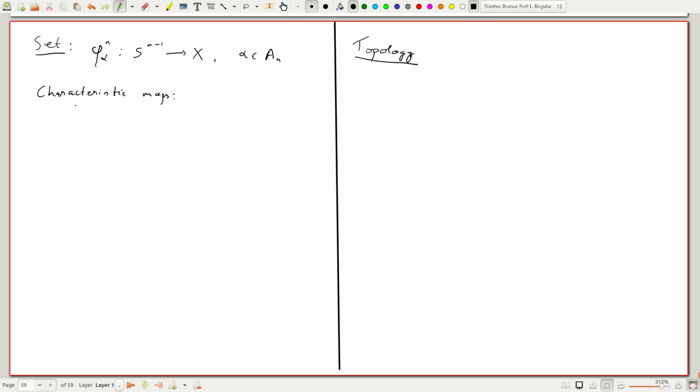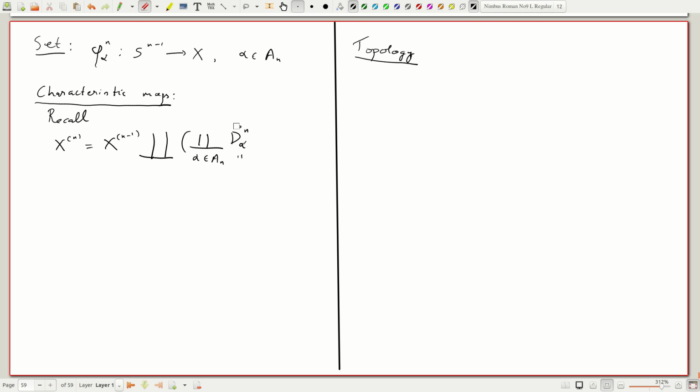Recall that we have the set X_n, which is X_(n-1) disjoint union with a bunch of cells. Namely, I look at alpha in A_n, I look at D^n. I can put an alpha to emphasize, but this is not the interior.